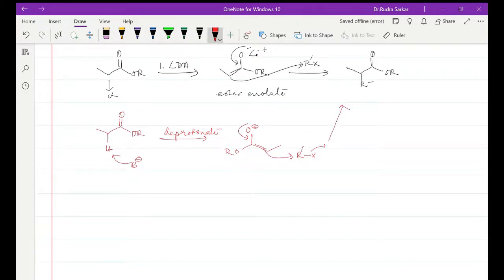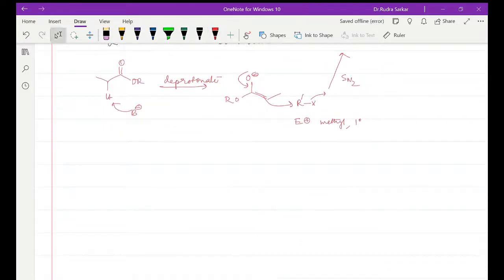And it will give us our product, and the mechanism that is being used over here is SN2 type. So the electrophile is either methyl, 1 degree or 2 degree, but never 3 degree. Rather, I should say let this be methyl and 1 degree. So that is how the alpha alkylation can be done.